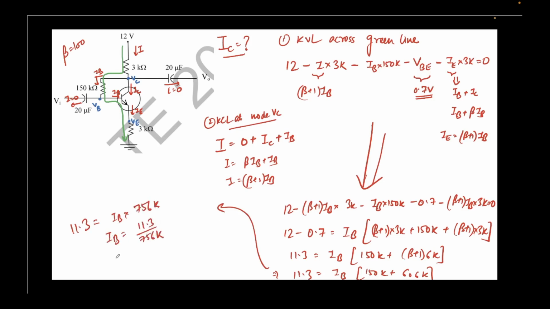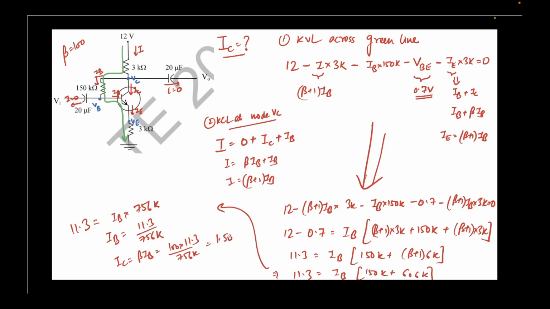So this we have calculated, and we know IC is nothing but beta IB. So this will come out to be 100 into 11.3 upon 756K. Let me get my calculator. 100 times 11.3 divided by 756K is coming out to be 1.50.